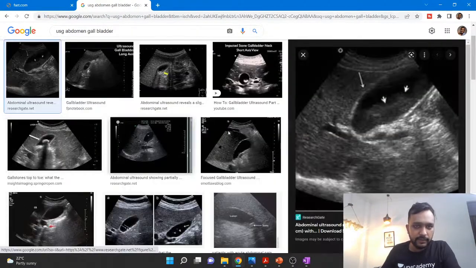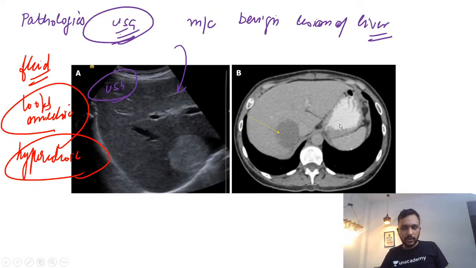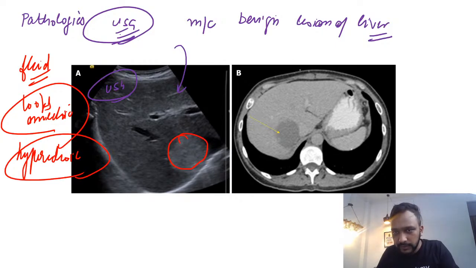This is how your gallbladder is going to look on an ultrasound. We can see in these images that your gallbladder is going to look anechoic. And guys, what are we seeing here? We are seeing a hyperechoic lesion.